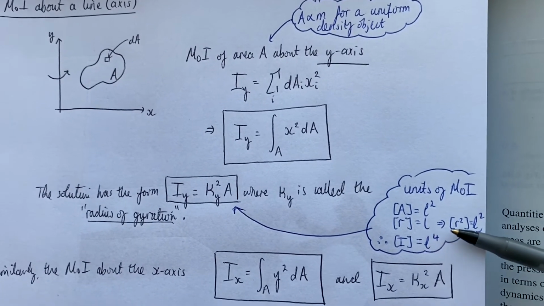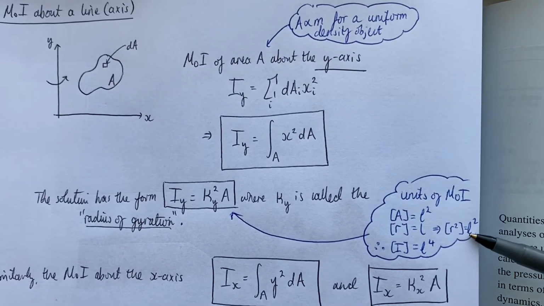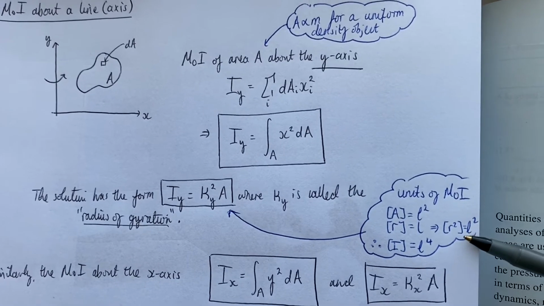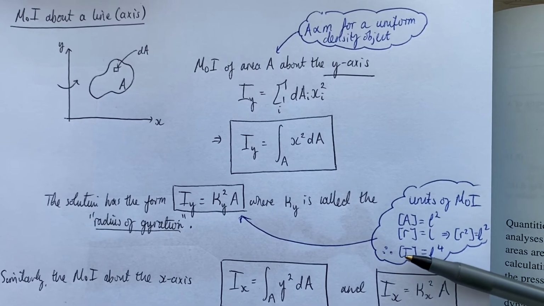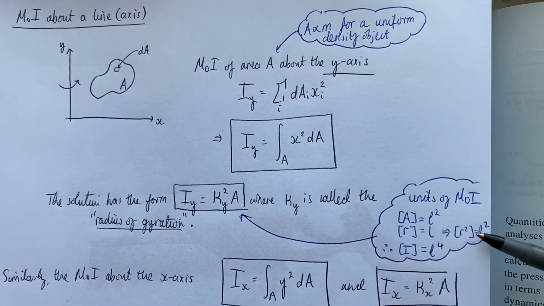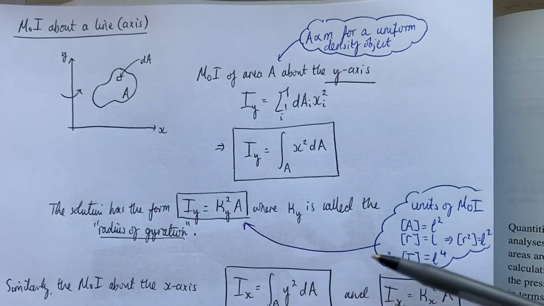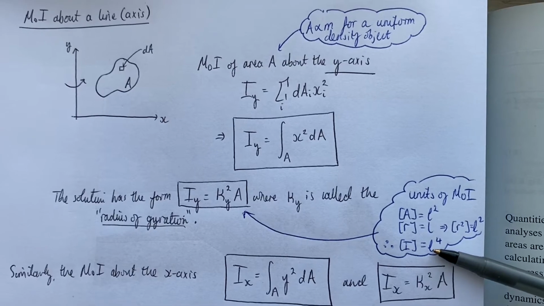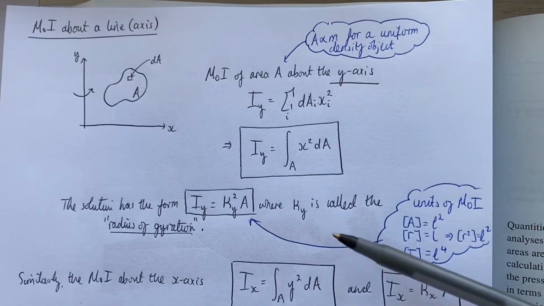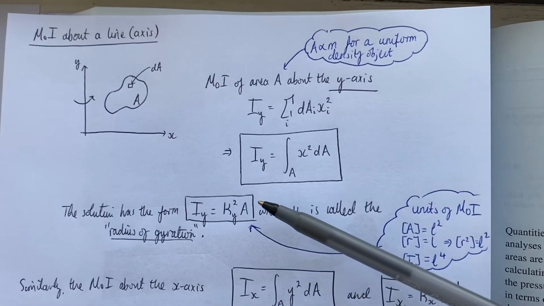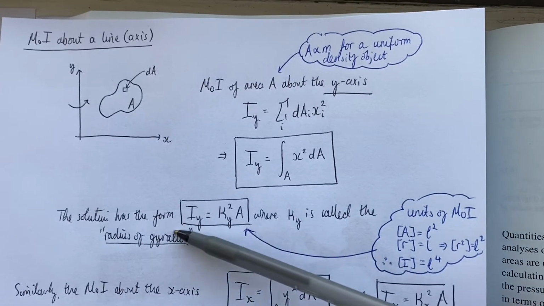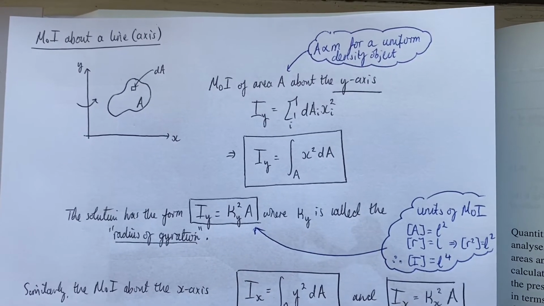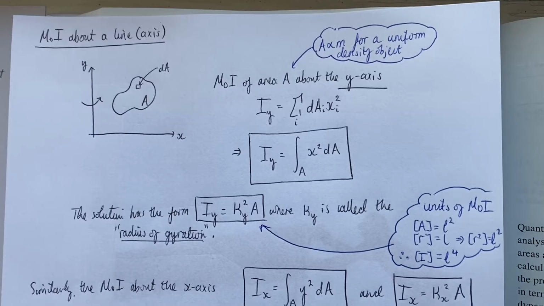So the radius squared will have units L squared also, and therefore the units of moment of inertia is just going to be L squared multiplied by L squared, so we're going to have units of L to the 4. So that's just a quick way of checking that your solution is in the right form, right, if the units are consistent.